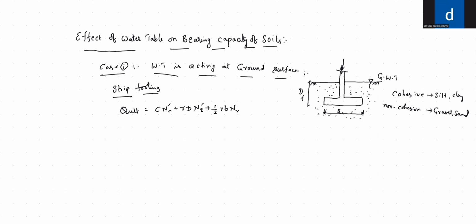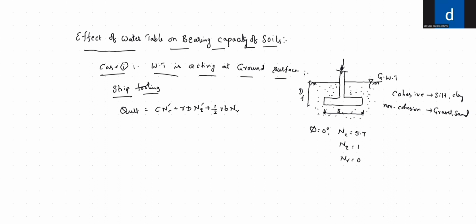As per Terzaghi's analysis, if phi equals 0 degrees, then Nc, the bearing capacity factor with respect to cohesion, is 5.7, Nq is 1, and N gamma equals 0.